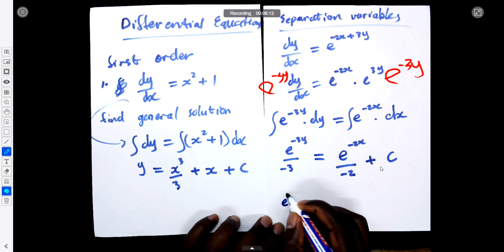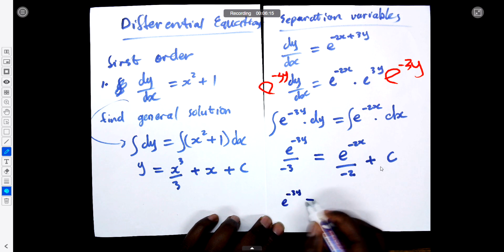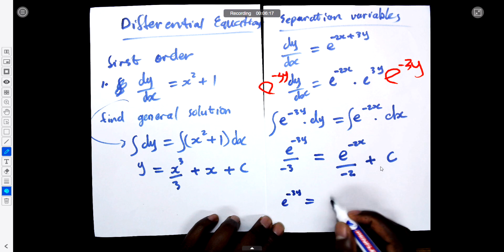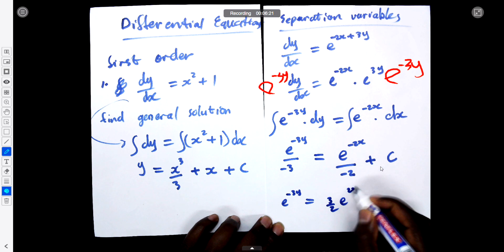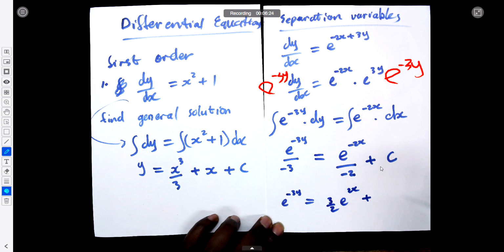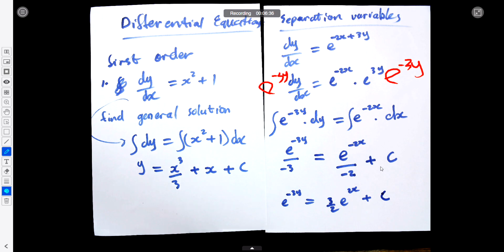We'll have e to the power of negative 3y equals 3 over 2 e to the power of 2x, plus, when you multiply c by the constant negative 3, you still have another constant. You can represent it as c or as k, but just still put c, because you don't know which number we're multiplying, it will still be a constant. When you derive, it still goes to 0.